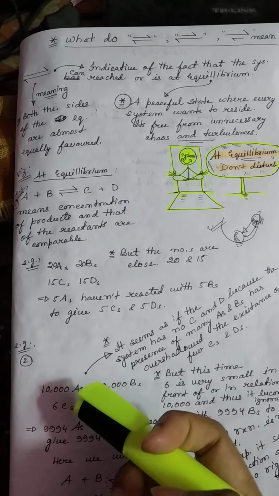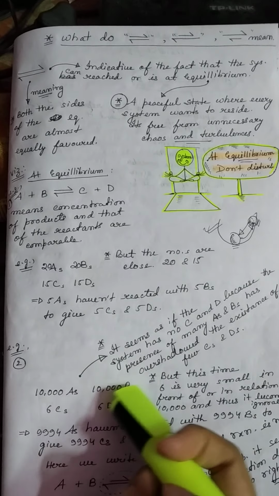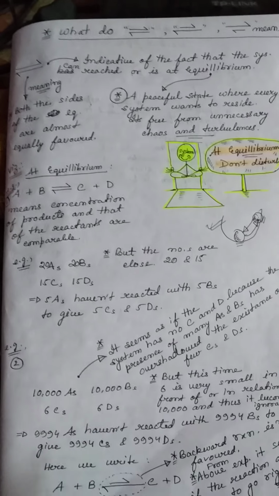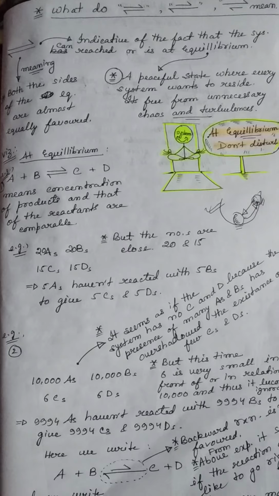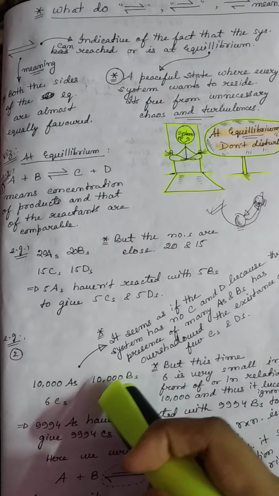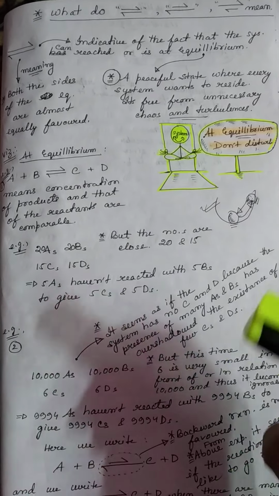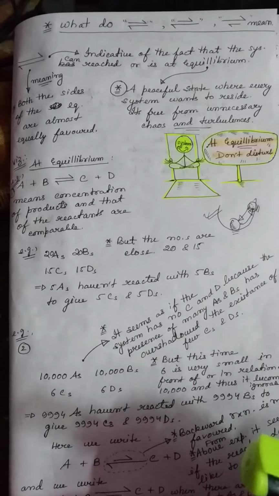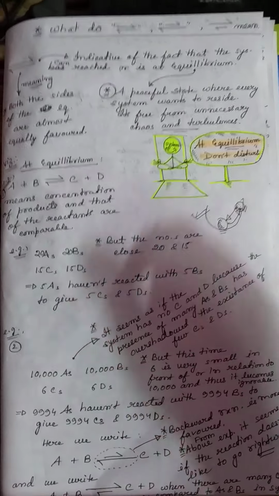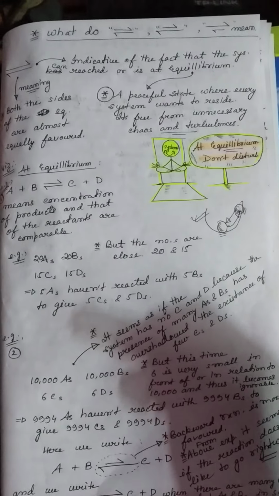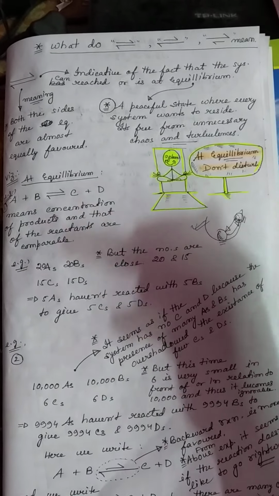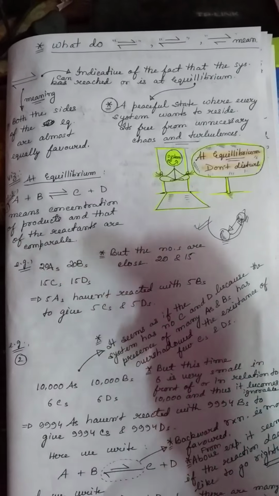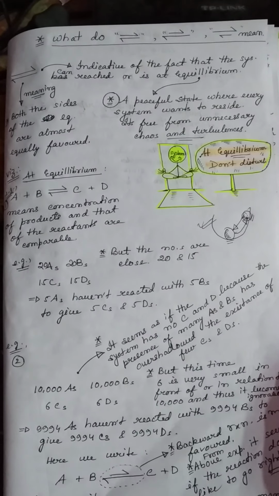If you don't believe, go and ask 10,000. 10,000 will say, I am so massive and so big that it is very difficult for me to detect 6. Try to think about Godzilla. Godzilla is just walking over the road, and suddenly you reach near its foot. Will it be able to detect you?